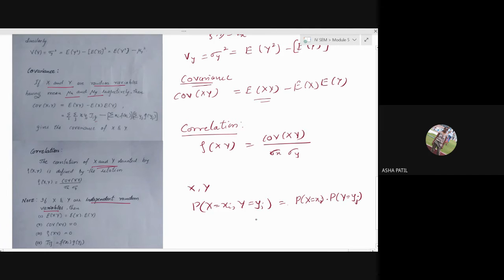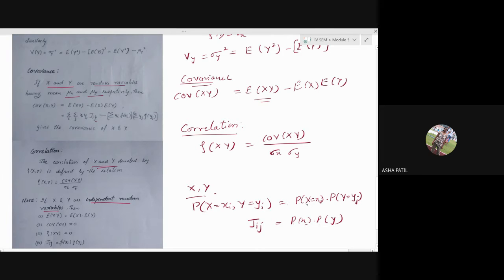This means here it is pij. This is our pij. It must be equal to p of x into p of y. If this is so, then we will say that the two random variables x and y are independent random variables.